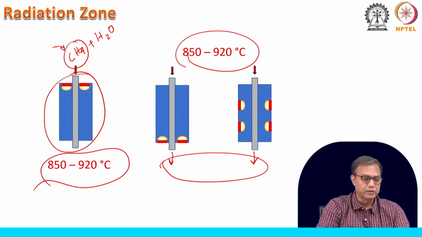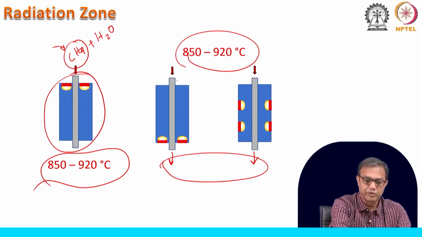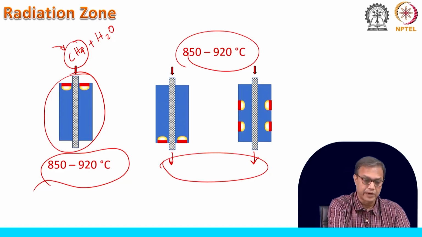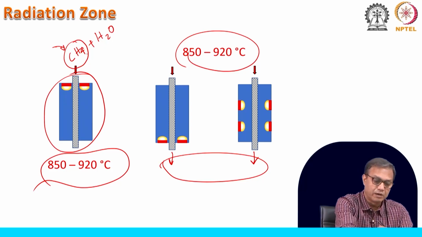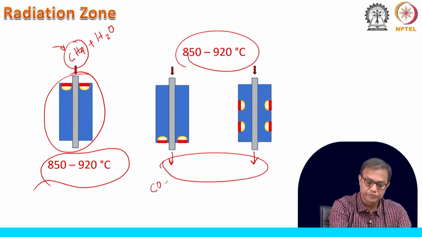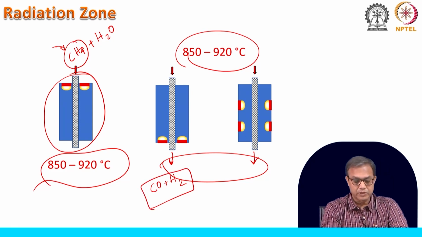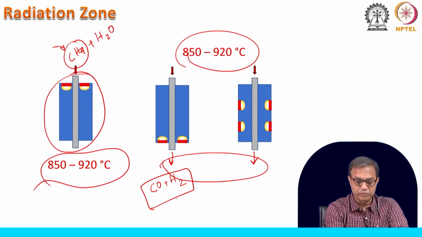Finally, only one tube has been shown, but in reality you will find multiple such tubes in use, and we will be able to get the CO and H2 under pressure, and of course, at elevated temperature, as I told you, around 850 to 920 degrees centigrade.